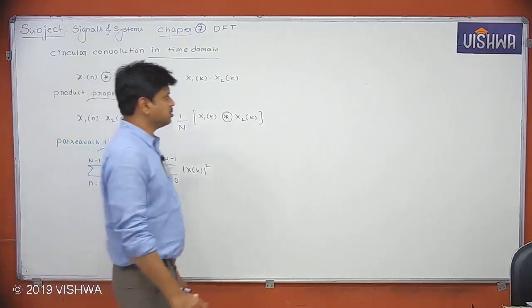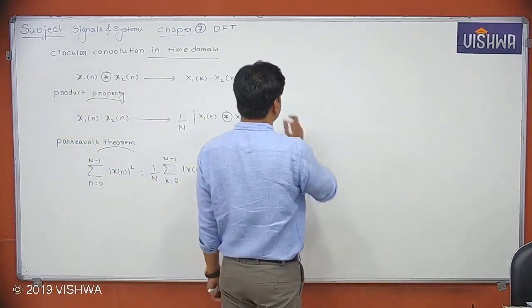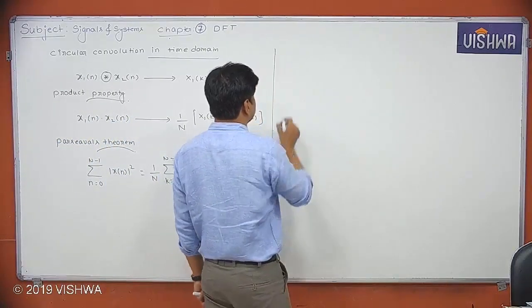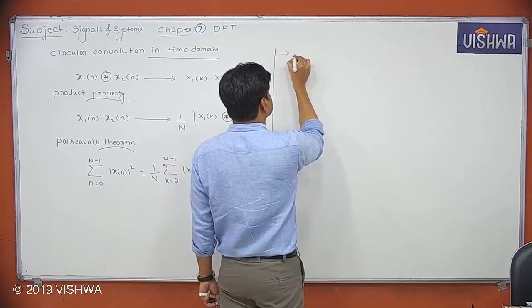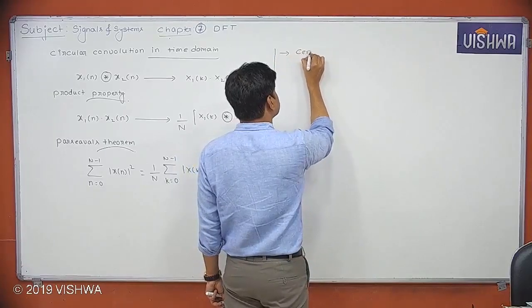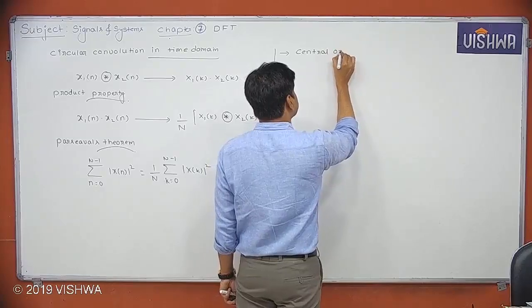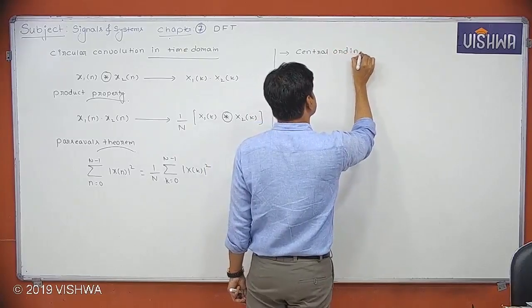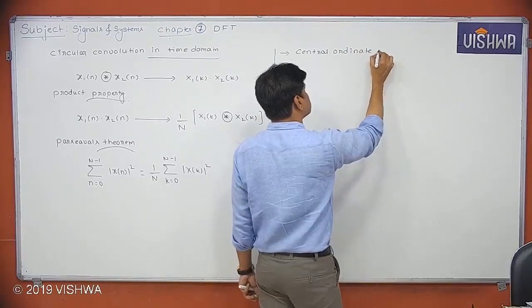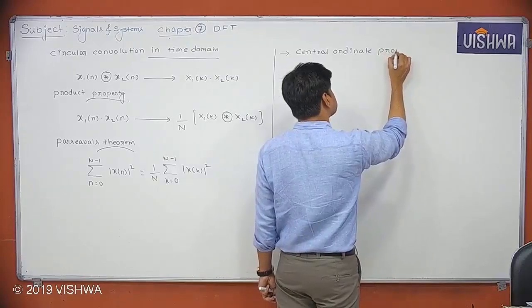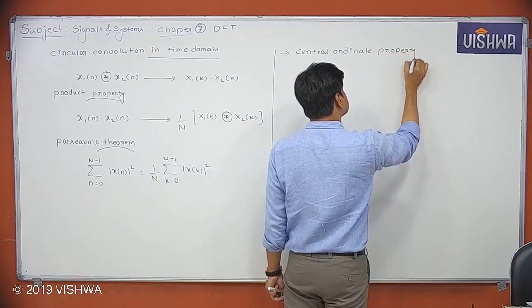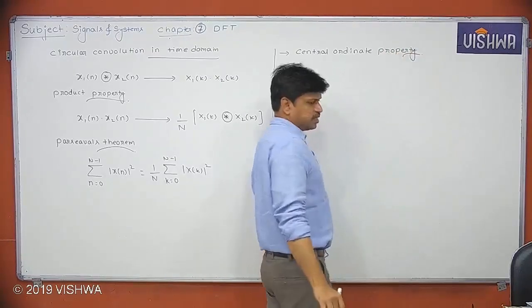And the last property we are having is the central ordinate theorem. Central ordinate property. What is the central ordinate property?